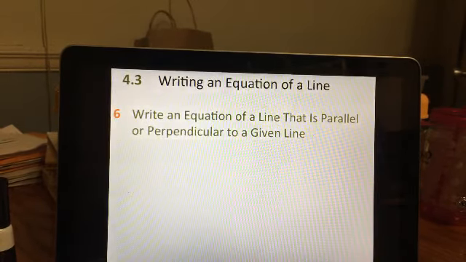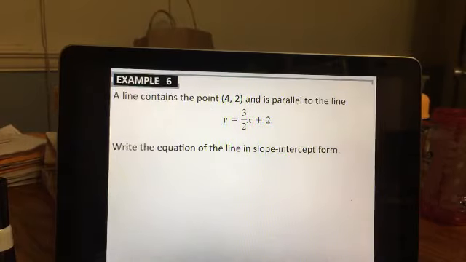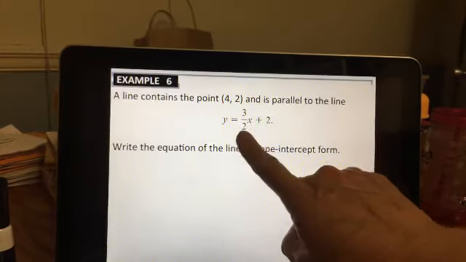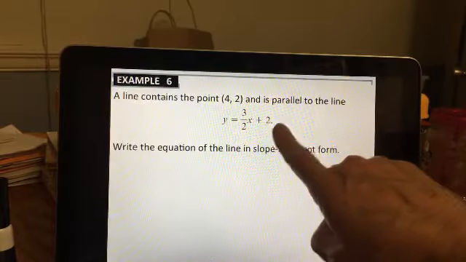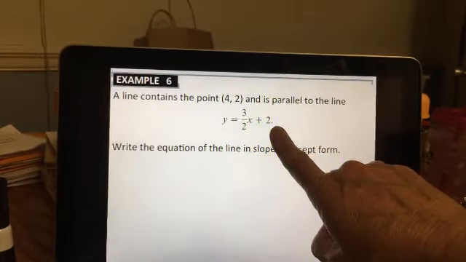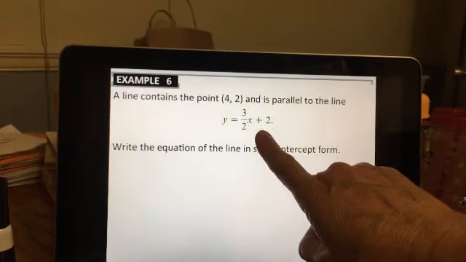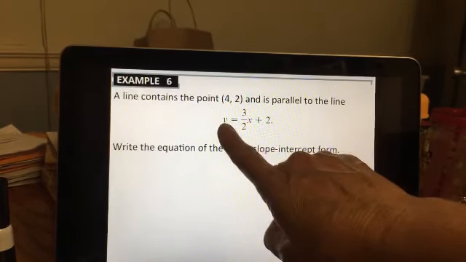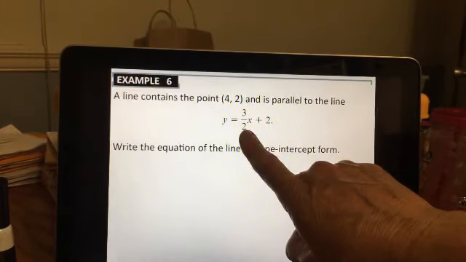Now it says write an equation of a line that is parallel or perpendicular to a given line. So a line contains point (4, 2) and is parallel to the line y equals 3 halves x plus 2. We only care that it's parallel to this line, so the only piece of information we need from this line is its slope. Since it's in slope-intercept form, we know the slope is joined with the x.